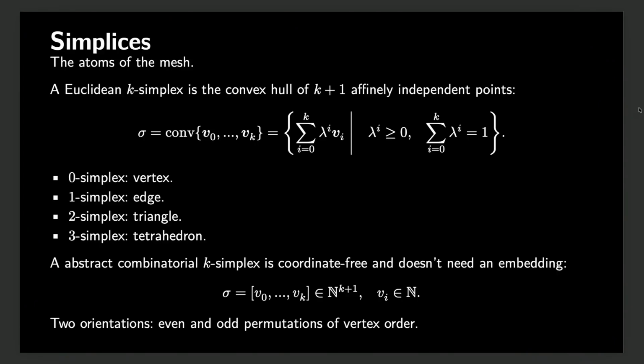And then the simplices are just lists of these vertex indices. And this is then just combinatorial. And simplices always have two orientations, positive and negative. Here in the abstract case, these are the two equivalence classes of even and odd permutations.